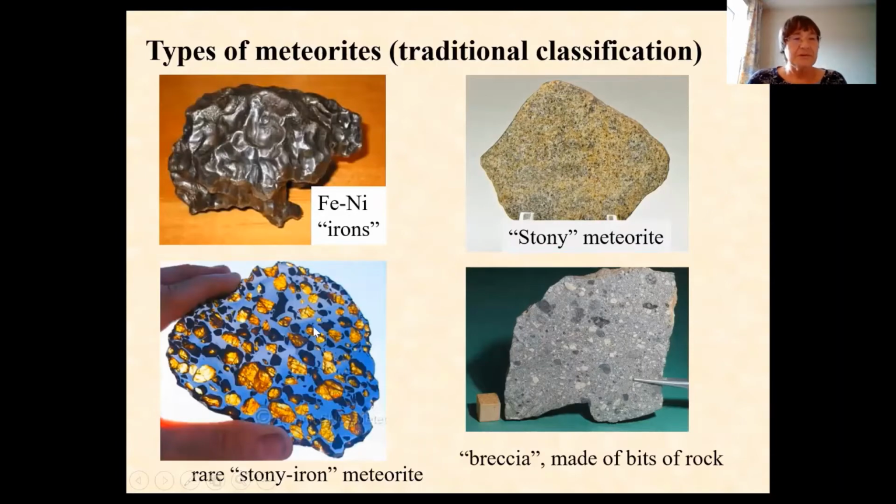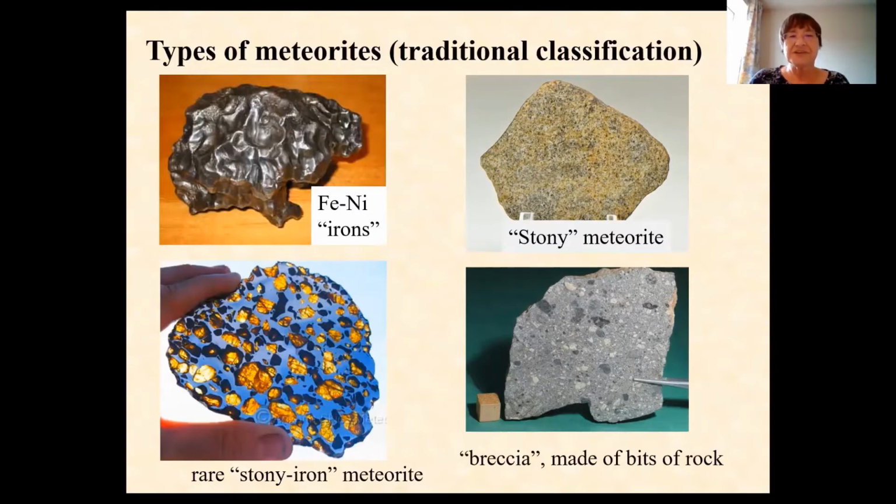There's also a rarer group of stony iron meteorites. And these contain, as I showed at the beginning, this lovely orange crystals of olivine, embedded in iron. And then we have the slightly less spectacular, but equally interesting scientifically, stony meteorites. And these are composed entirely of silicate minerals.